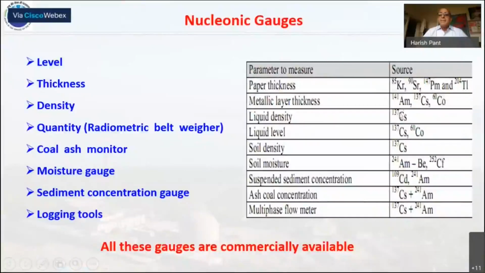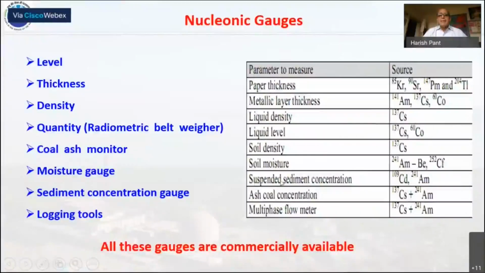Then the liquid density is measured using a cesium 137 source. In liquid level gauges, we use cesium 137 and cobalt 60 sources. Then for soil density, we use cesium 137. Again, for soil moisture, we use neutron sources like americium-beryllium or californium 252.